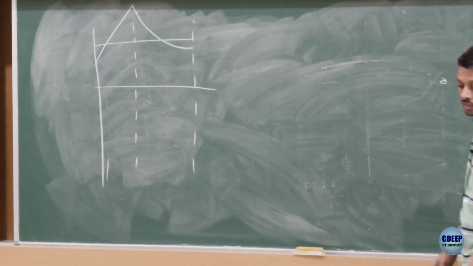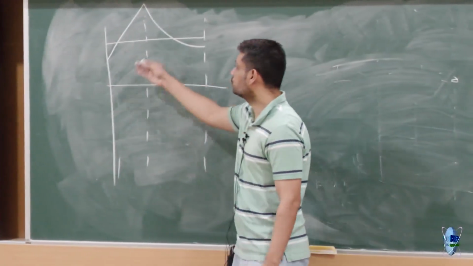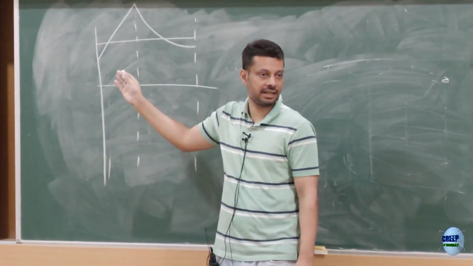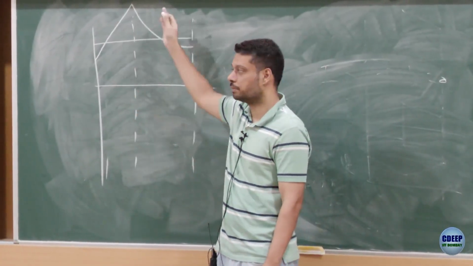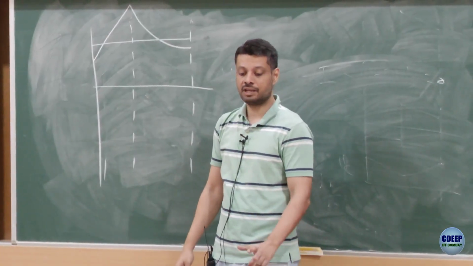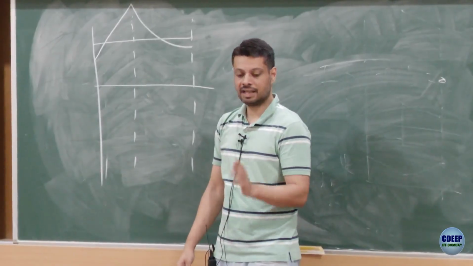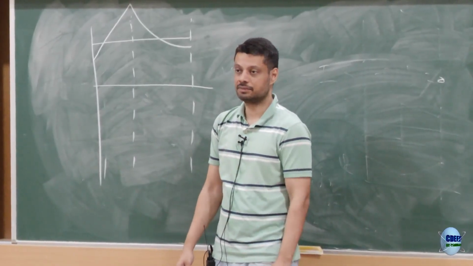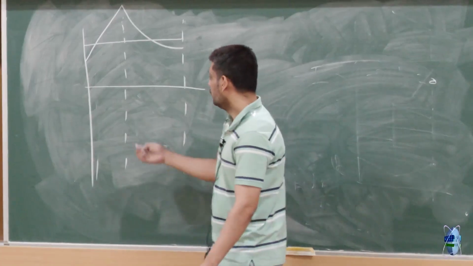Okay, part B, if the value of inductance is reduced, that means now you will have more ripple in the inductor current, right? So it will go up, come down. The question is what would be the impact on the average value of inductor current and the average value of the resistance current, right?